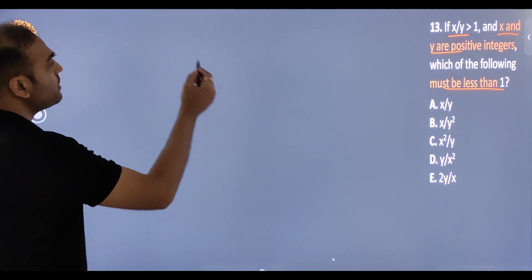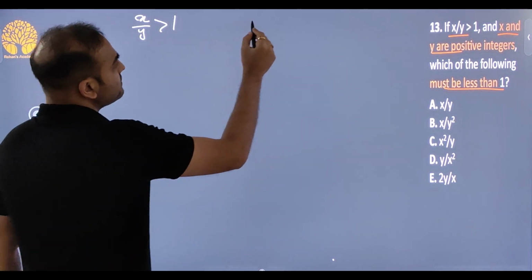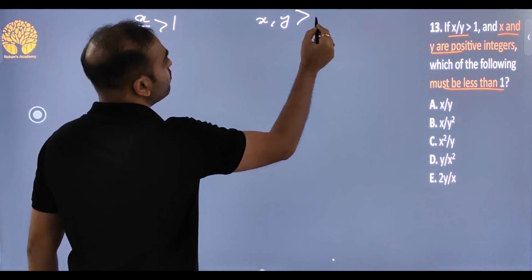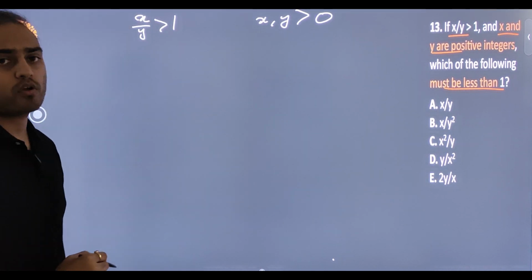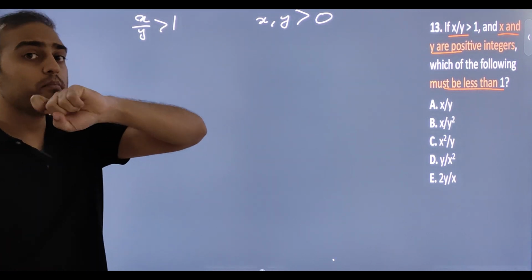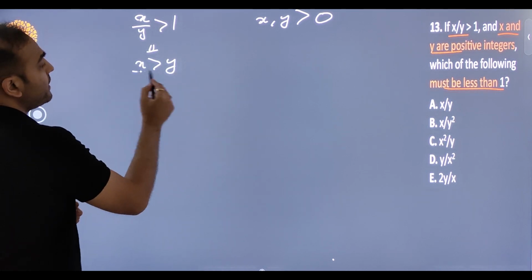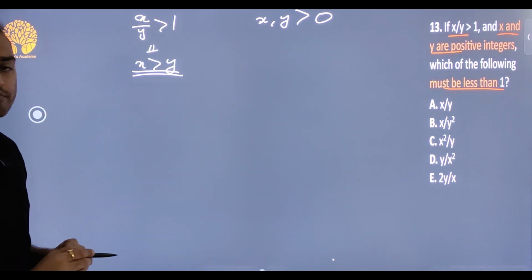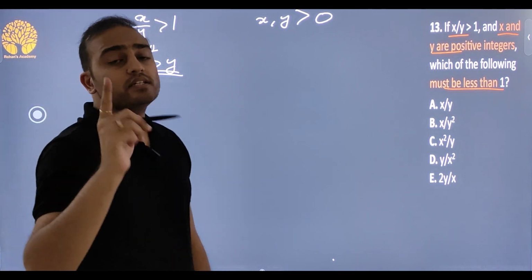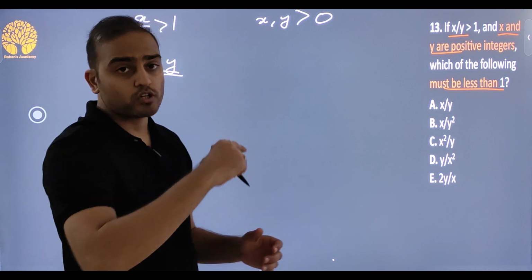It's very simple. We know x over y is greater than 1. At the same time, we know x and y are both positive integers. Why is this important? Because if I know that the variable is positive, I can cross multiply it without changing the sign. We have done this in inequalities, and those of you who haven't can watch that video.